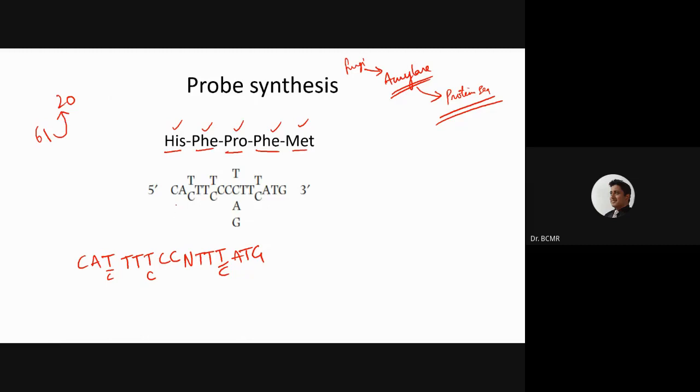Say, for example, histidine. It is CAT or CAC, right? So when you're making a probe, you can do something like this, CAT or C. I hope you remember how we construct the gene synthesis.